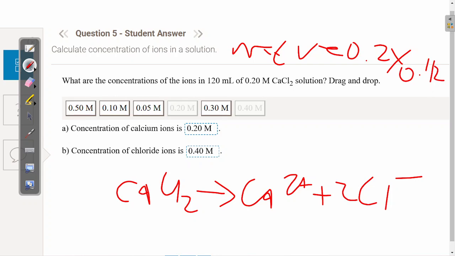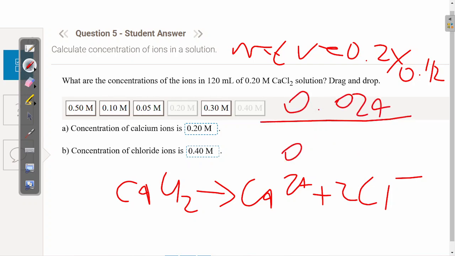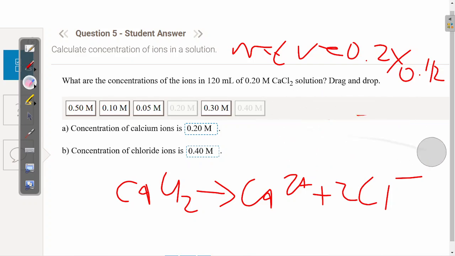So 0.2 times 0.12 will give you 0.024. Okay, so Ca is 1 to 1, so it will be 0.024. So 0.024 divided by the volume 0.12, you'll get 0.2, which is the same as the original.